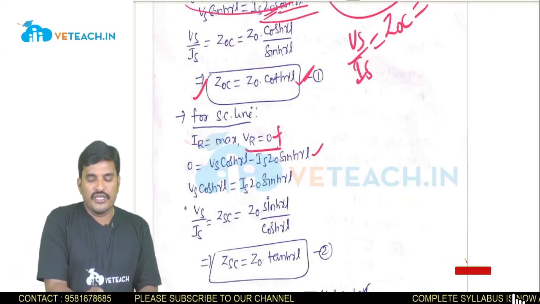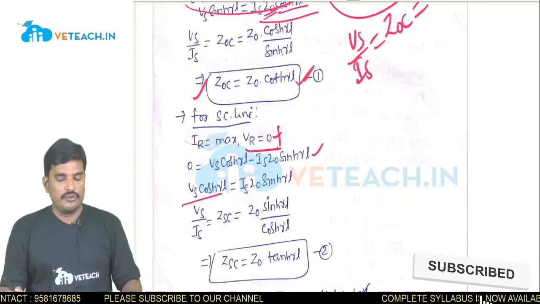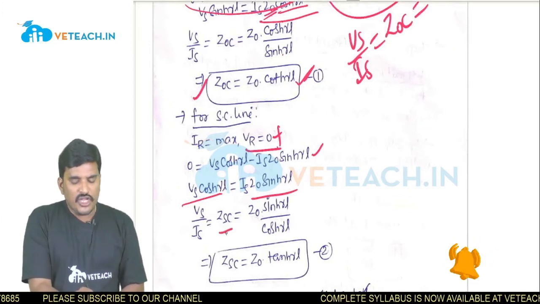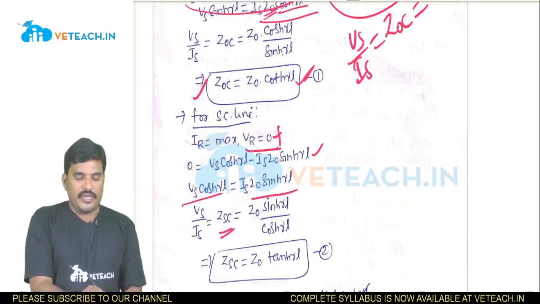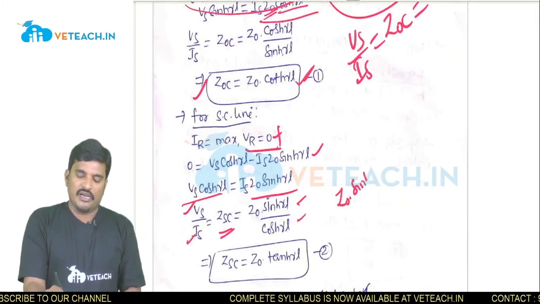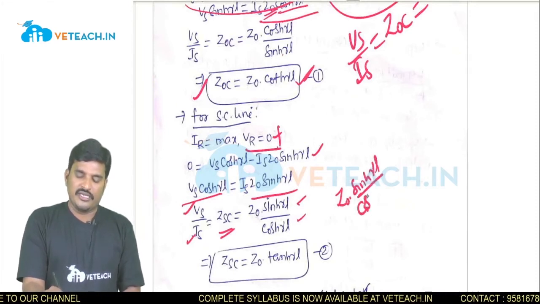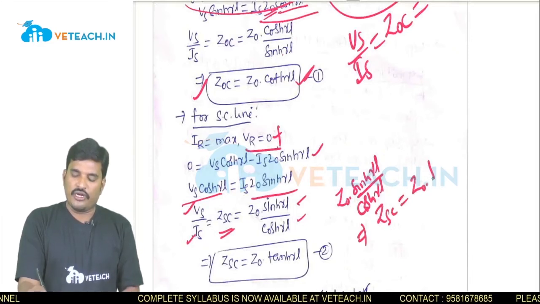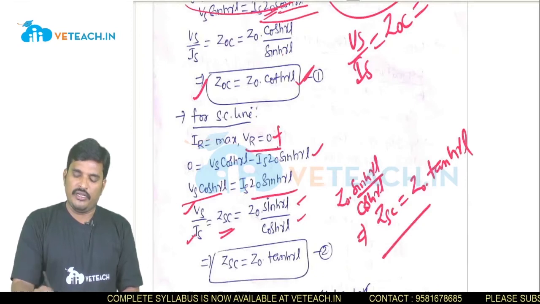That implies Vs cosh γL is equal to Is Z0 into sinh γL. Then ZSC is nothing but Vs by Is. Substituting those values, Z0 into sinh γL by cosh γL. That implies ZSC is equal to Z0 into tanh γL.